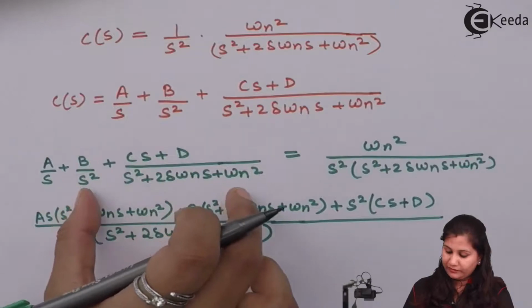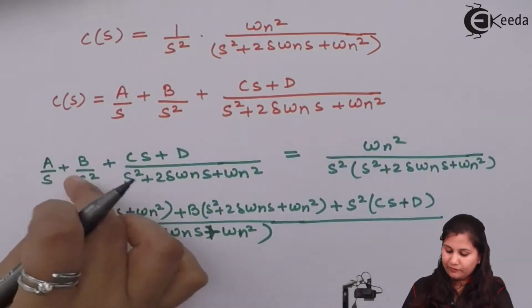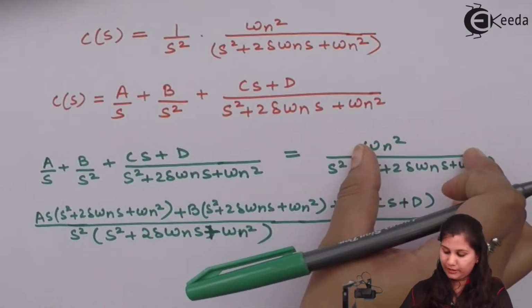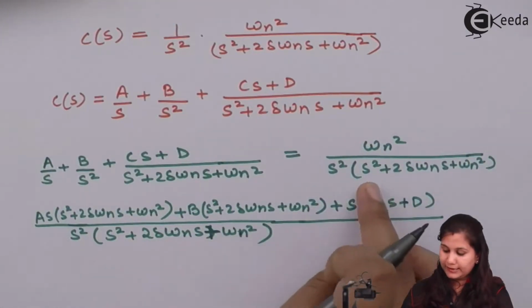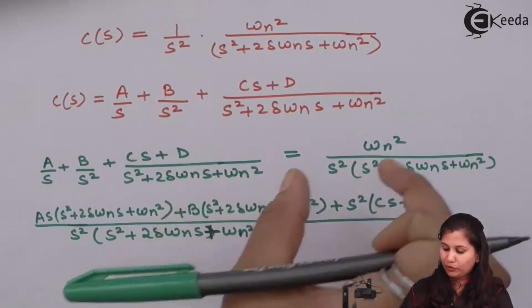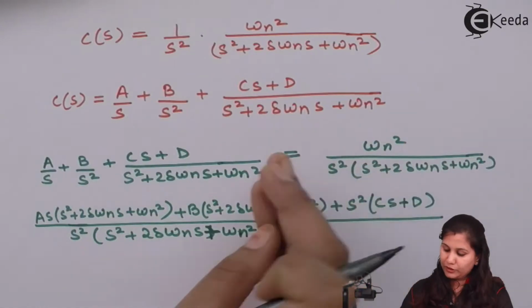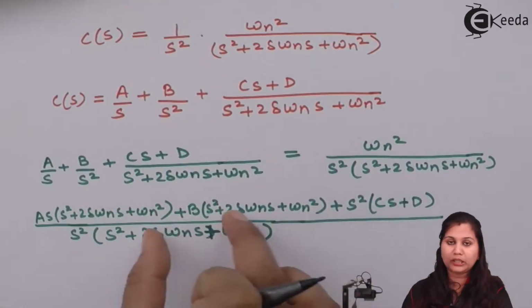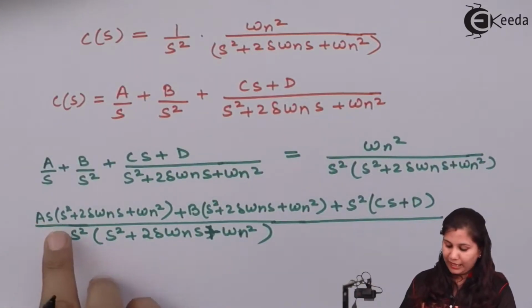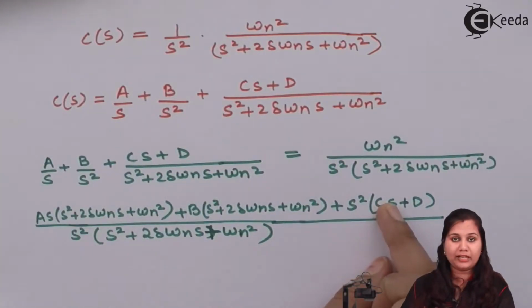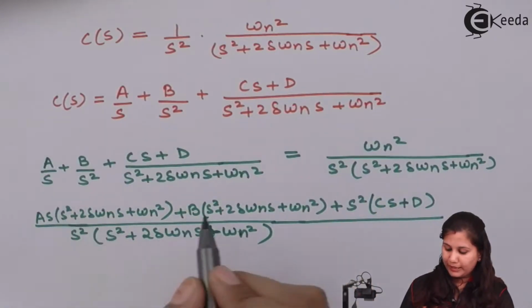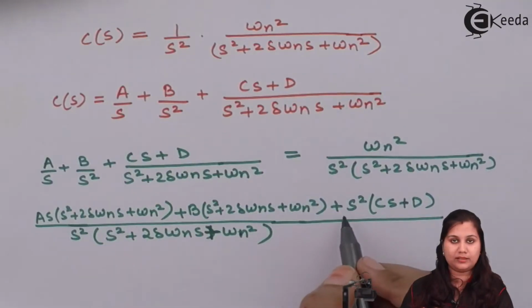So we have taken the LCM and multiplied everything, and this will be equated to the original term. The LCM is the same, so we equate the numerator parts of both sides of the equation. We simplify and get the coefficients of s cube, s square, s and the constant terms.